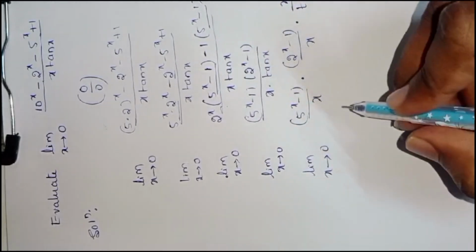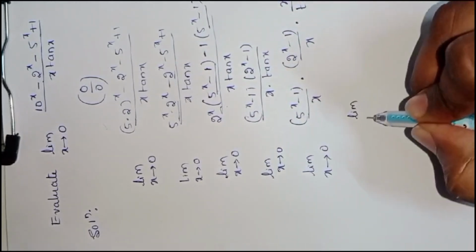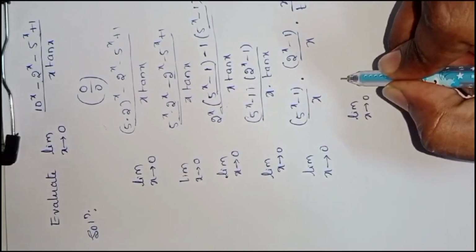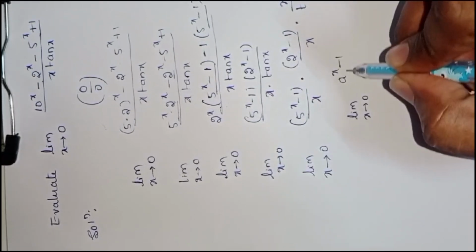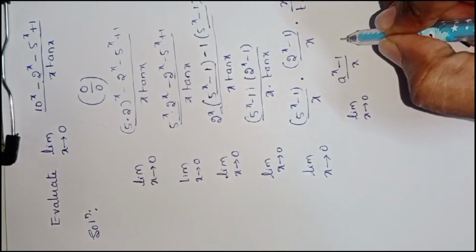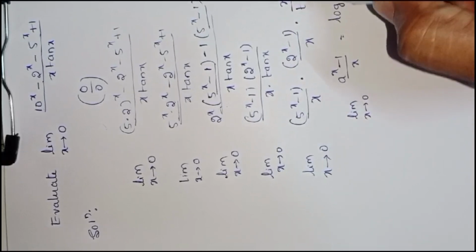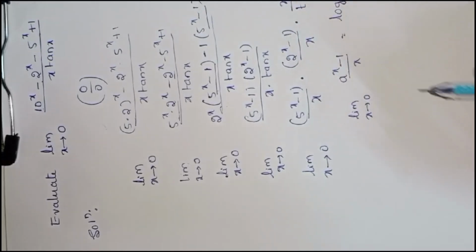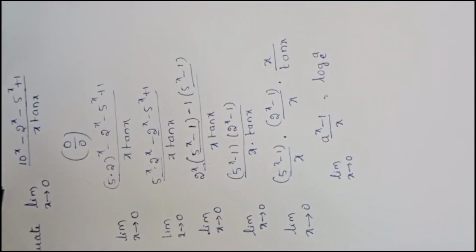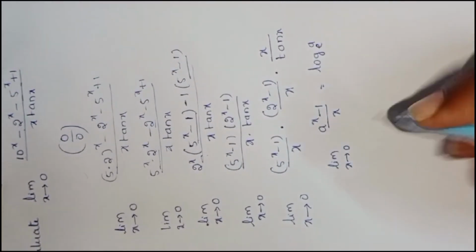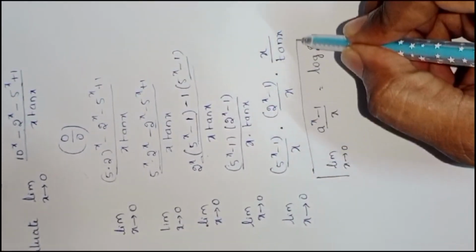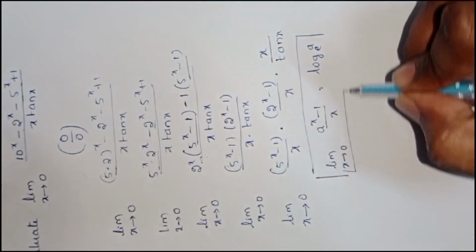We know that the limit as x tends to 0 of (a raised to x minus 1) by x is equal to log of a to the base e. This is a standard form, use this one.